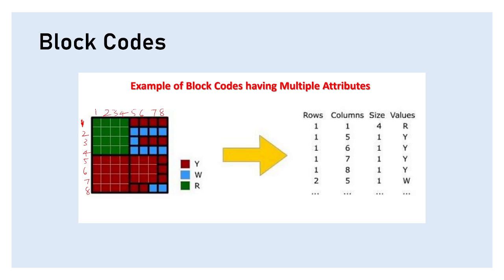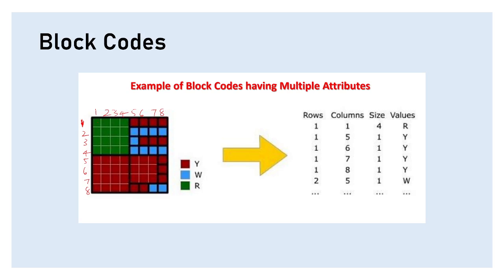That's why its size is given as 1 and that color is Y. Again, first row 6, 7, 8, all those things. Why are we not considering it as 4? Because here we are not considering it in a row-wise manner, rather we are trying to build the blocks. So that's the reason why it is given as 1, 1, 1, 1 like that.